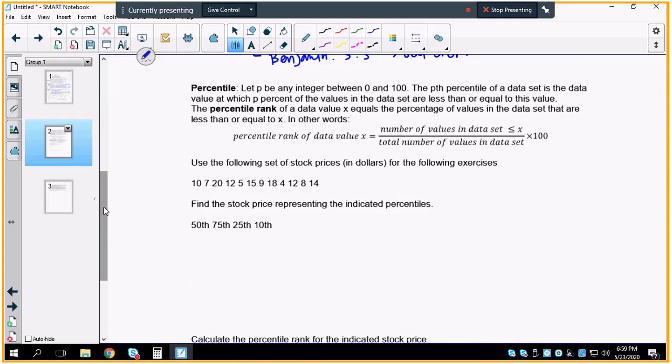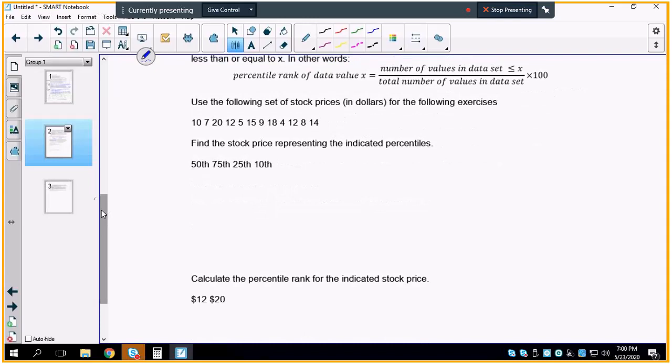So let's try to understand these two things with the following example. Use the following set of stock prices in dollars for the following exercises. First and foremost, we're going to rewrite the stock prices in order.